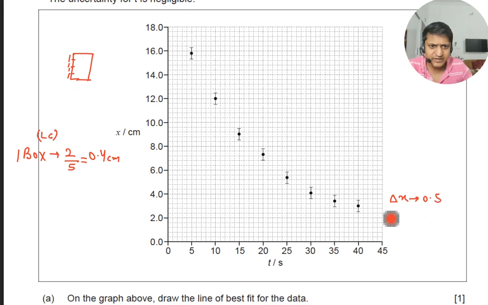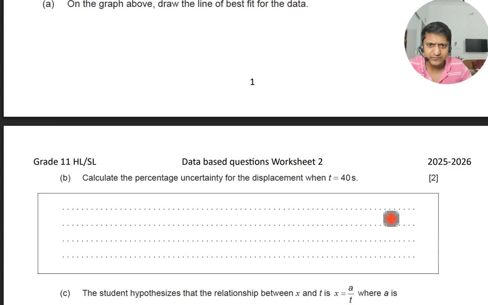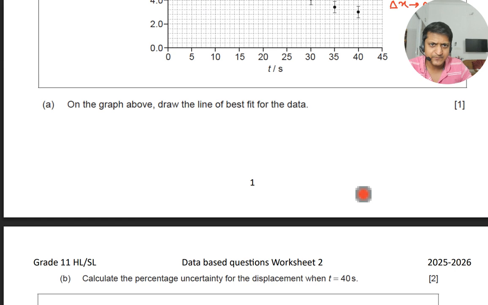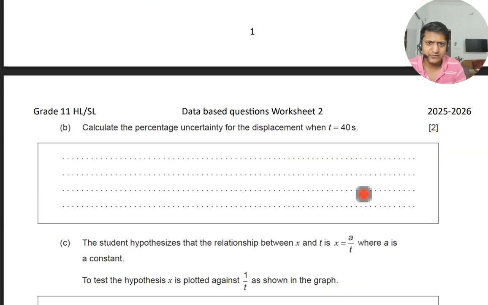If delta x is 0.5, we have to calculate the uncertainty at t equals 40. The formula is delta x upon x into 100. So delta x is 0.5 divided by x.